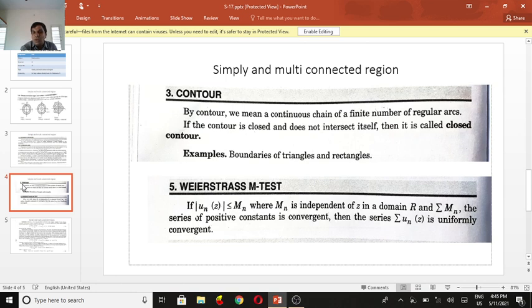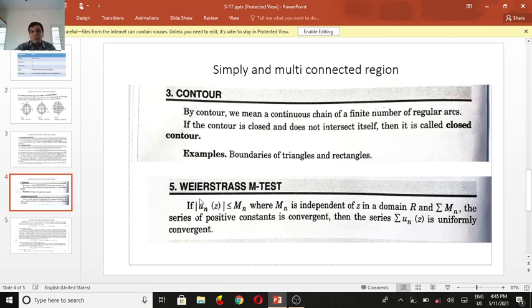If the contour is closed and does not intersect itself, it is called a closed contour. For example, the boundary of a triangle or rectangle is closed and does not intersect itself.